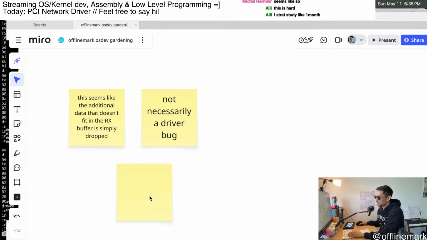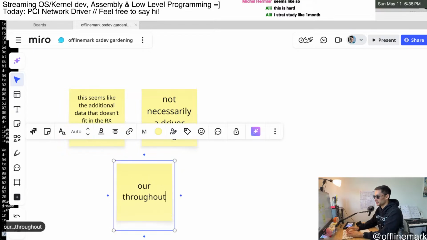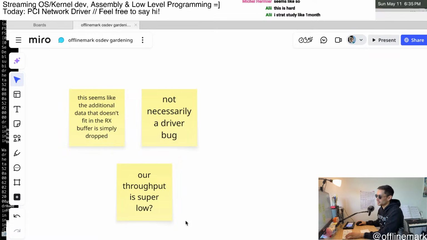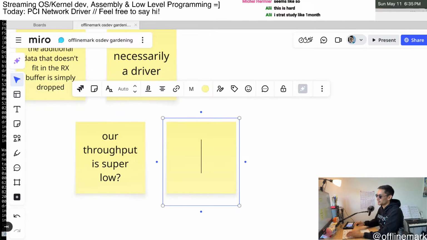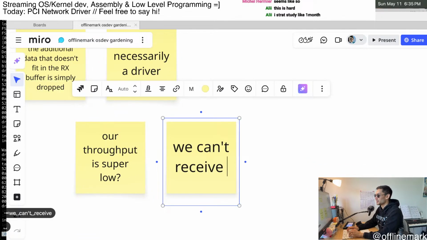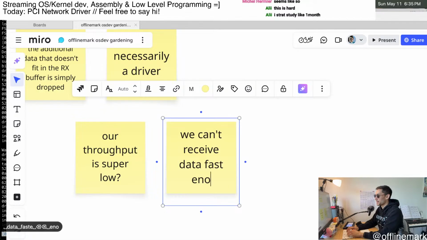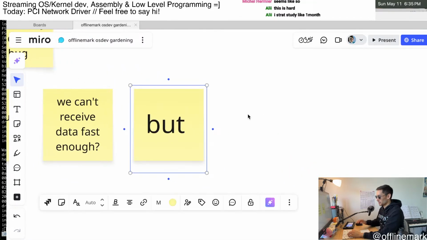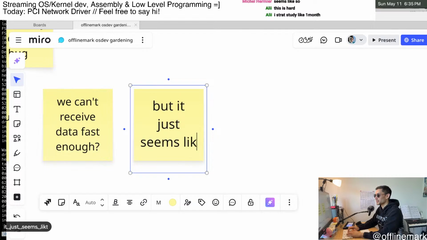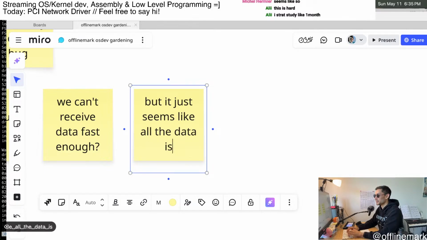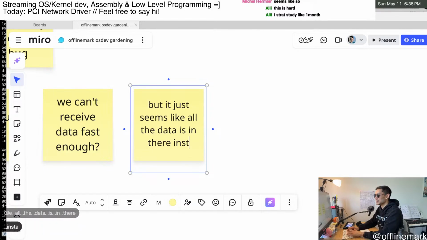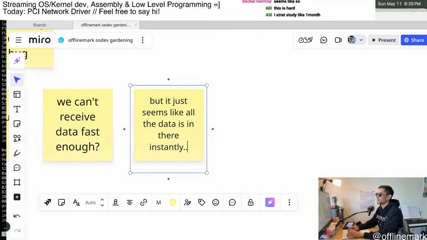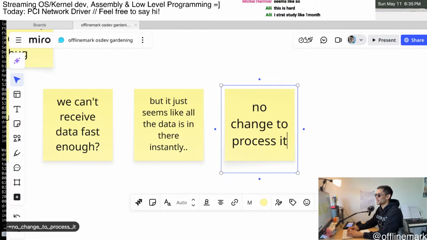So yeah, I don't know. Our throughput is super low somehow. Maybe we can't receive data fast enough. But it also seems like we didn't even try. It seems like all the data is in there instantly. No chance to process it, even on the first receive call.